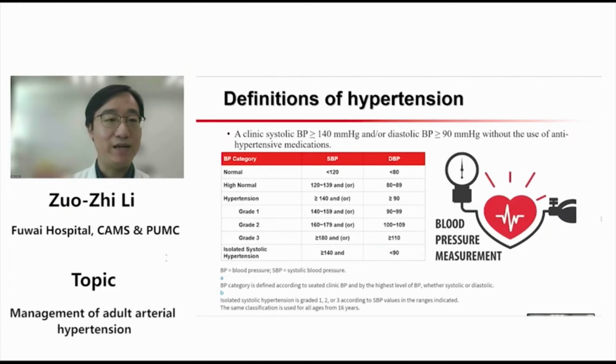Hypertension is defined as a clinic systolic blood pressure over 140 millimeters of mercury and/or diastolic blood pressure over 90 without the use of antihypertensive medications.